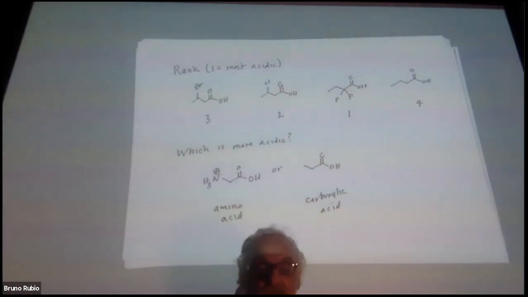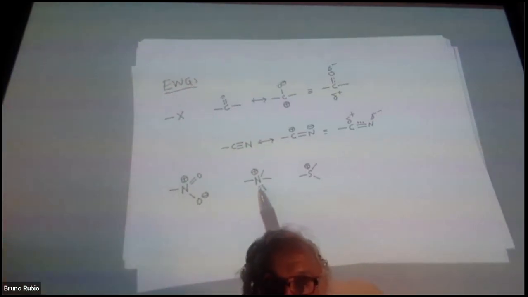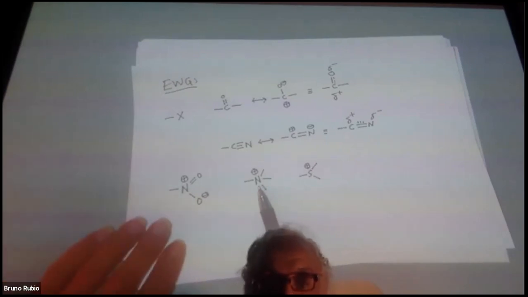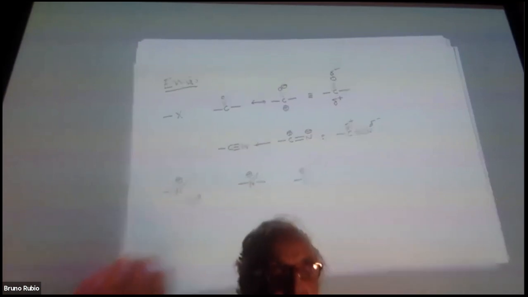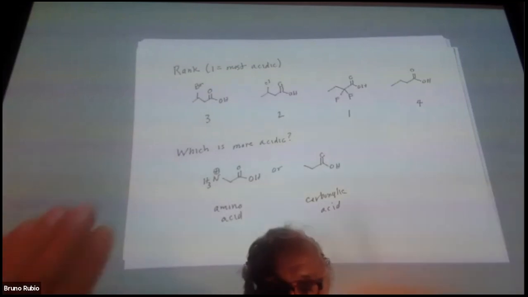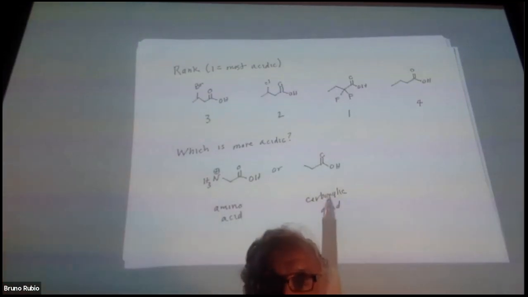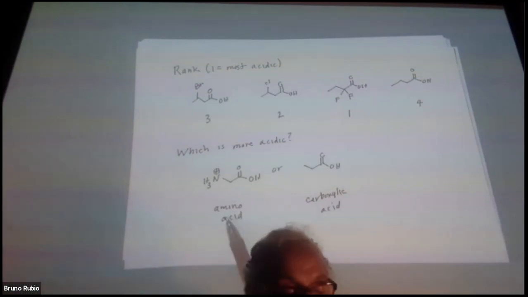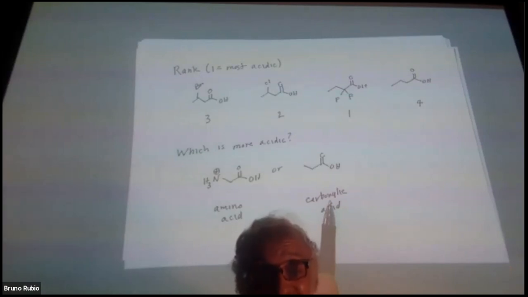Which is more acidic? Well, in this table I just gave you, we listed this positively charged nitrogen as an electron withdrawing group. It's going to suck electrons away just like a fluorine would. So who's more acidic? An amino acid is more acidic than a carboxylic acid, because the amino acid has an electron withdrawing group, whereas the carboxylic acid doesn't.